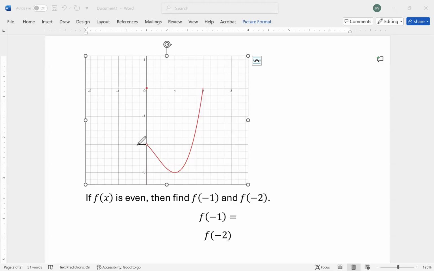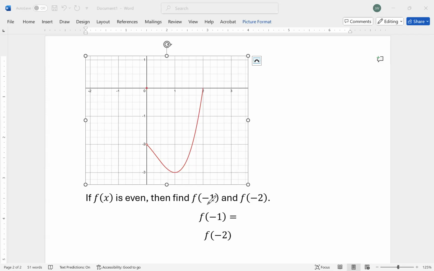Basically, if we're doing an even case, we're going to mirror image across the y-axis. I can't draw it very well with my cursor there, but we can see we get this kind of W shape. I'm going to clear that out because I'm really only focused on these two points.